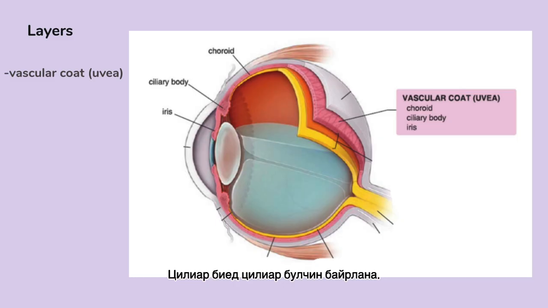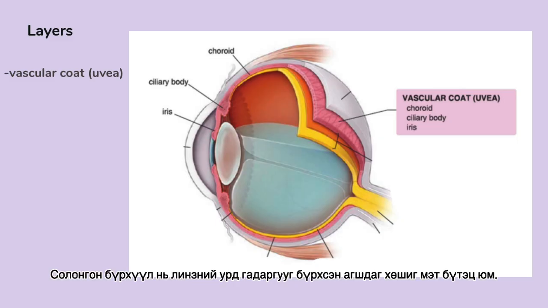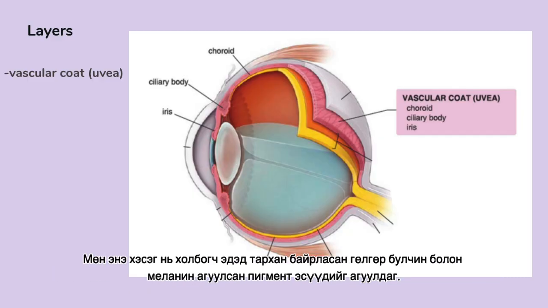And within the ciliary body, there's a ciliary muscle. The iris is the contractile diaphragm that extends over the anterior surface of the lens. It also contains smooth muscle and melanin-containing pigment cells scattered in the connective tissue.